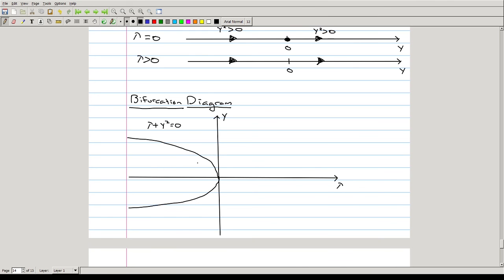And for all points lambda, y to the right of the parabola, f of y, lambda is positive, and for all points to the left of this parabola, f of y, lambda is negative.